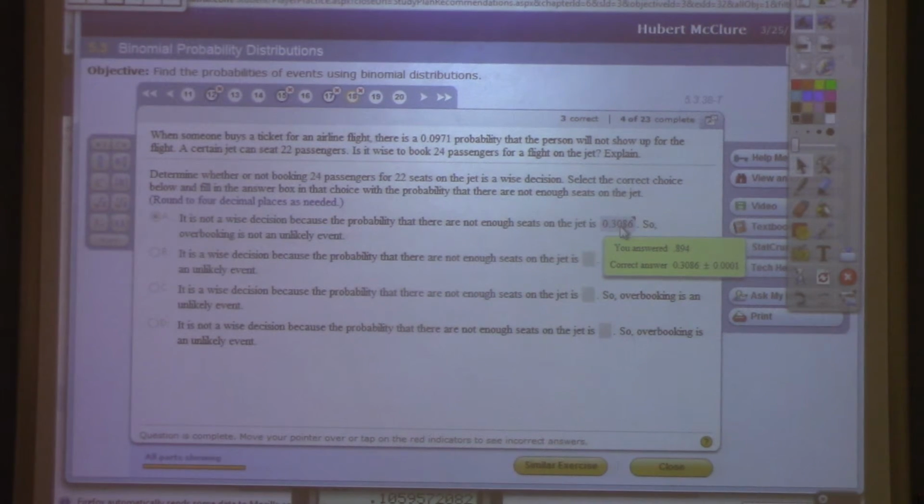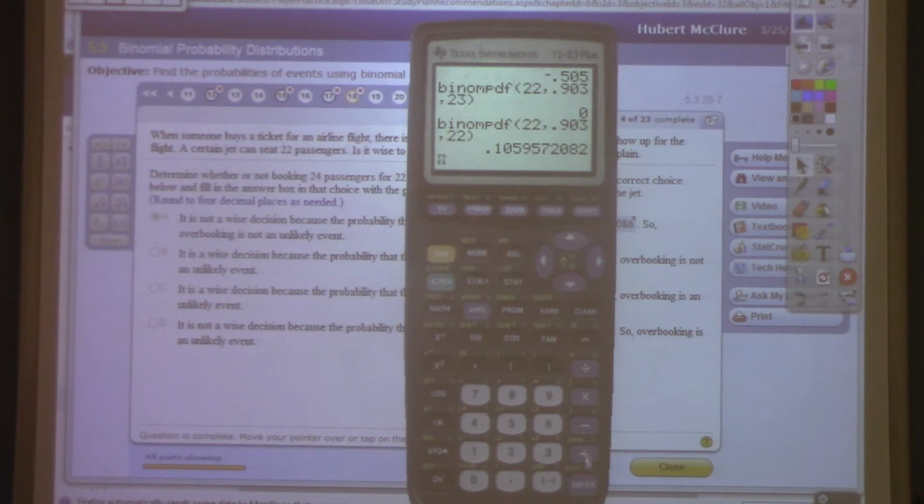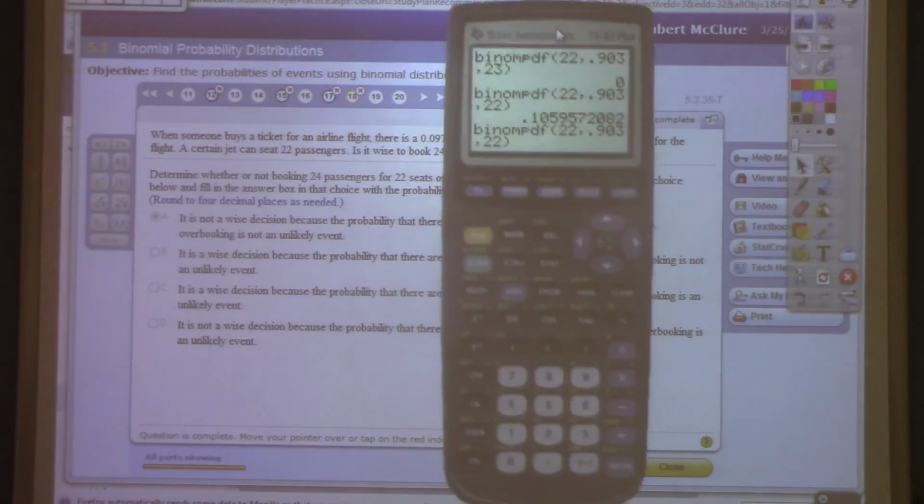And I don't know how they're getting that. Hold on a second, let me try this. Second function, entry, and instead of putting in the complement, put in the no-shows, 0.097.